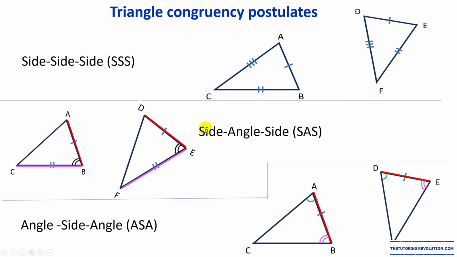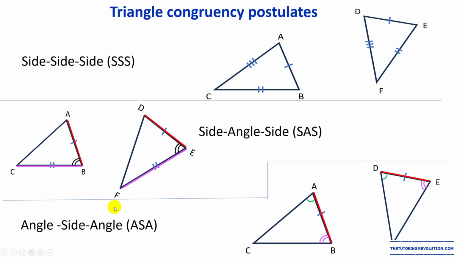The second one is side angle side, or SAS, which says if we have two triangles that have two sides in common, so this side congruent to this side, and this side here congruent to this side, and the angle in between those two congruent sides are also congruent between triangles, then we can say that both triangles are congruent to each other.